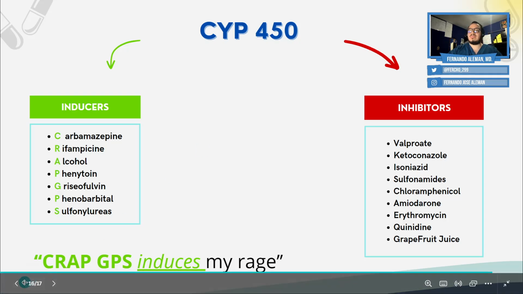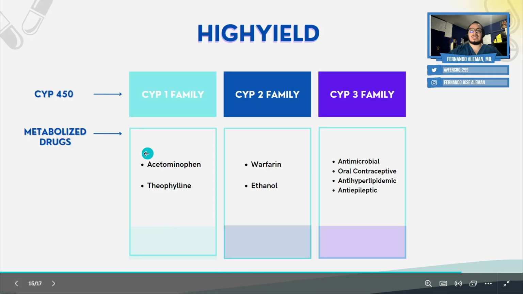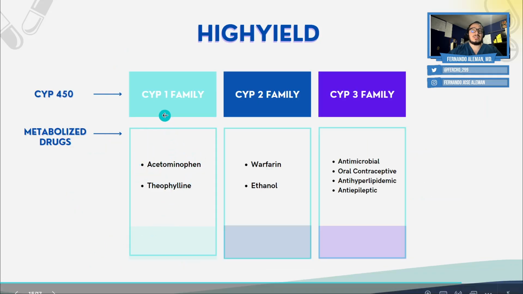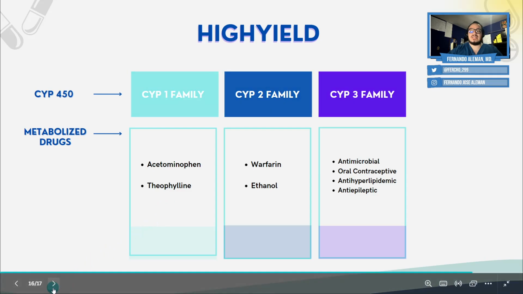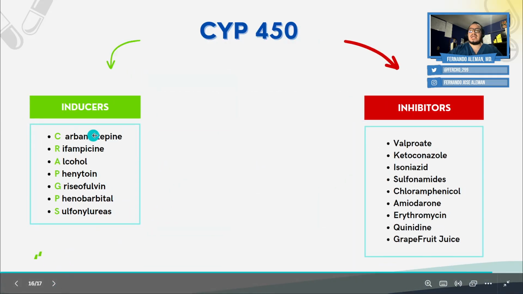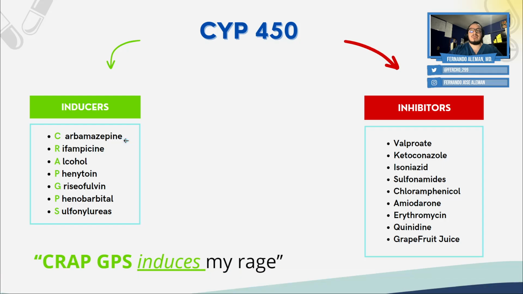We know that the patient is taking acetaminophen, but acetaminophen is only metabolized by the CYP first family, so that doesn't make any sense. The other answer is carbamazepine, but carbamazepine is an inducer, so that makes no sense.